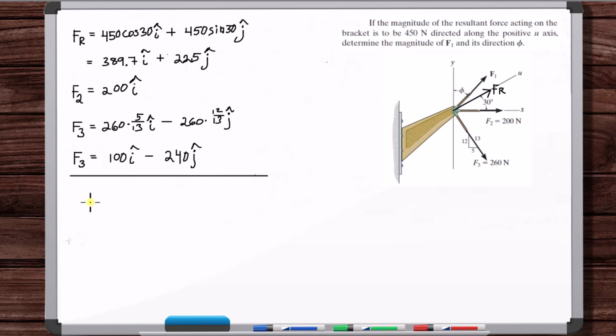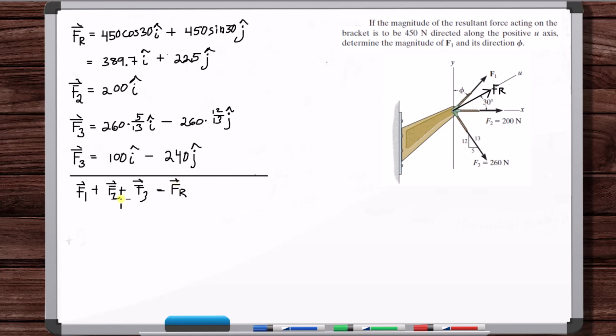Okay, and it's telling us that F1 plus F2 plus F3 is equal to FR. These are vectors. You need to specify that these are vectors. I'm messing that up. That's a big mistake. You want to bold these or put them as vectors, or the arrow. So the vector sum of F1 plus F2 plus F3 is equal to FR.